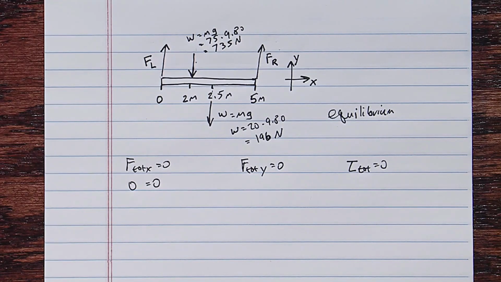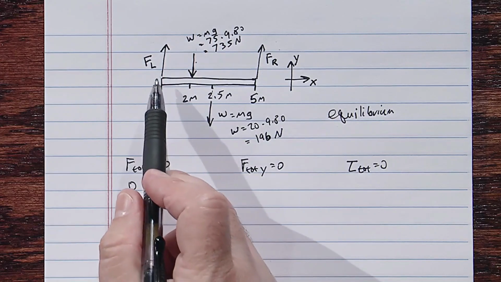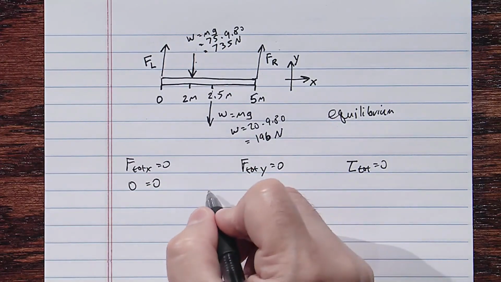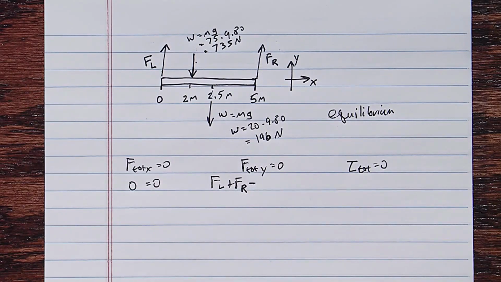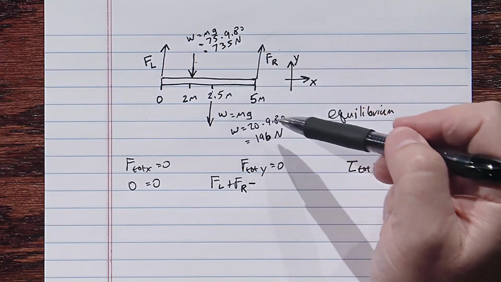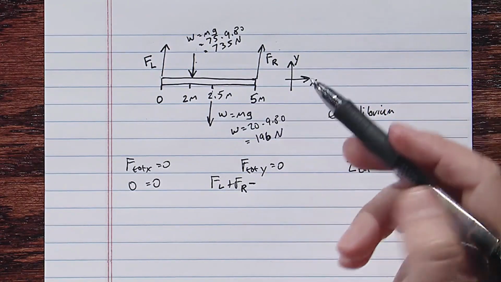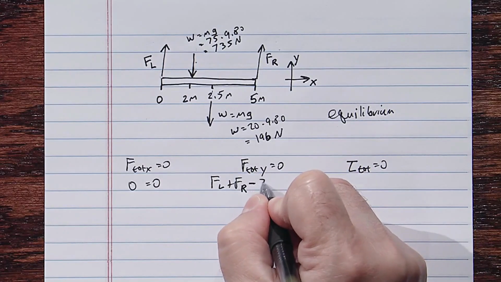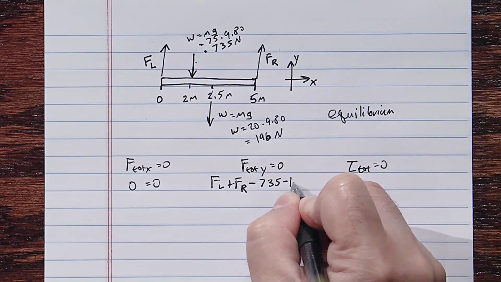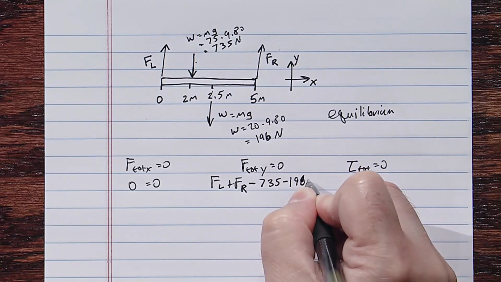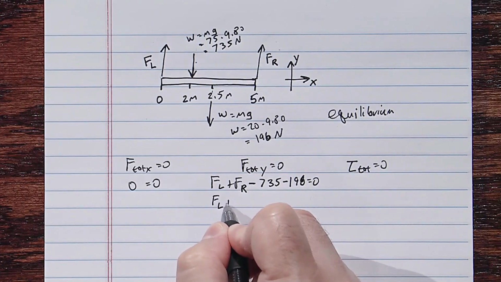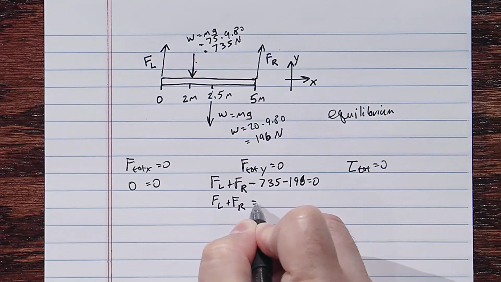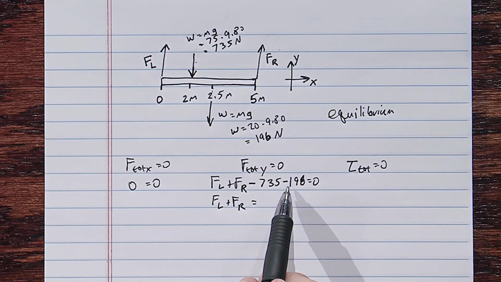Force total Y is equal to 0. Now it gets interesting. We have force left and force right pulling upwards. So that would be force left plus force right minus 735 newtons and 196 newtons downwards, minus 735, minus 196, and all of that equals 0, which tells us force left plus force right equals, I'll add these two together and then add them to both sides.